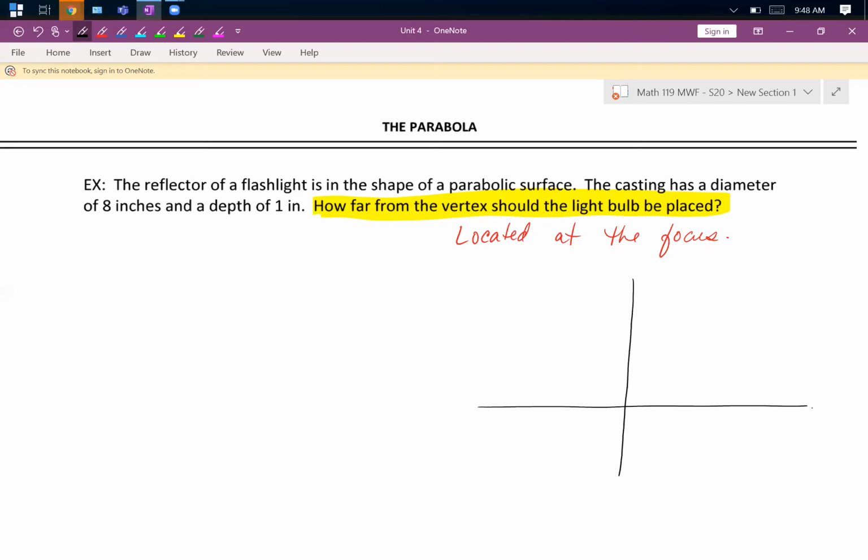All right, so the reflector of a flashlight, parabolic, the casting has a diameter of 8 inches and a depth of 1 inch. So if I'm going to put the vertex right here on the origin, and the diameter is 8, I'm going to go 4 in either direction, and then up 1.